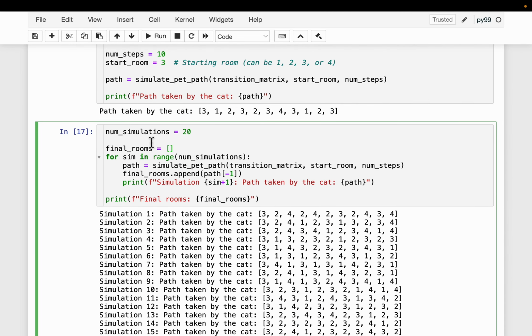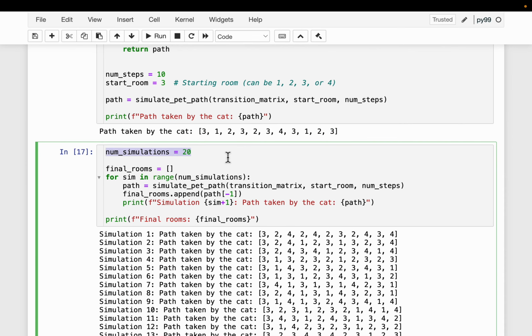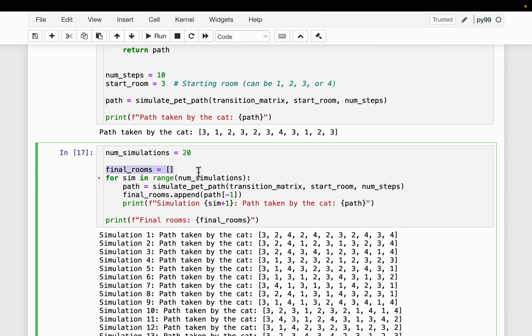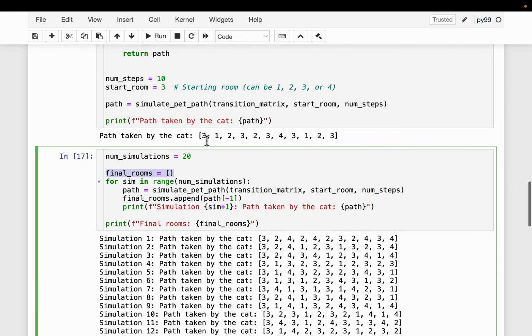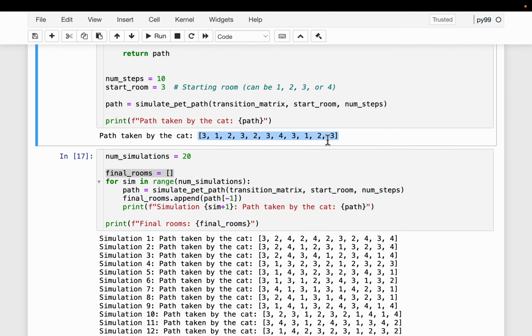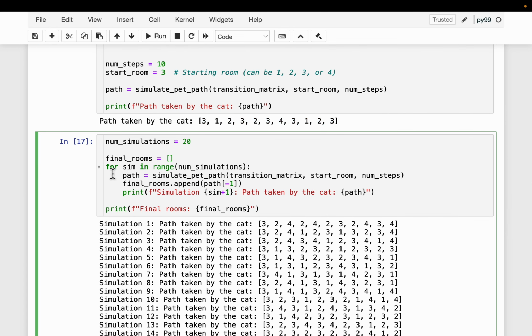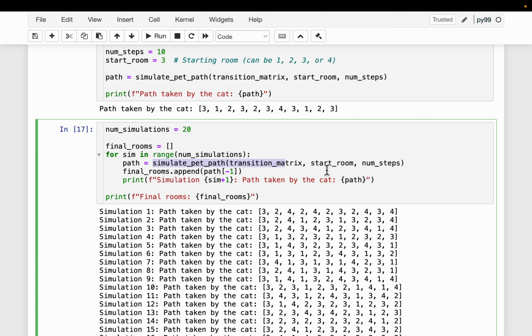So here we are repeating the same experiment 20 times. We have a new variable called final rooms. We want to repeat this experiment and collect the final room. So we do the simulation n number of times, calling the same function, and we collect the final room from the last element.